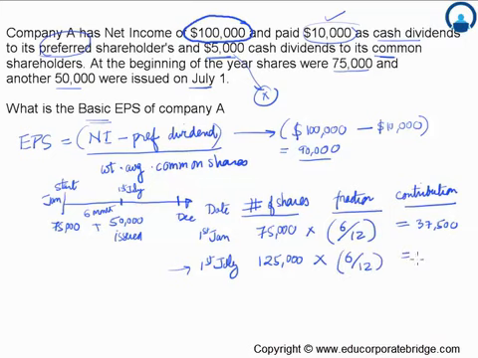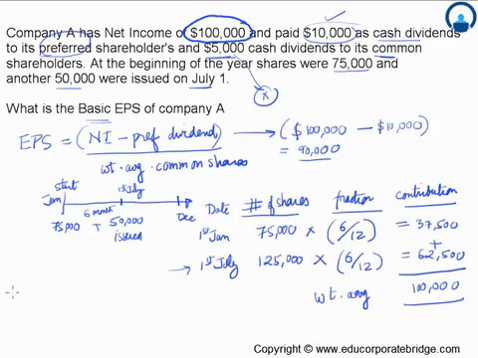So this number comes out to be 62,500. So in order to find the weighted average, we'll just add these two up. So this comes out to be 100,000 as the total number of shares outstanding. This table turns out to be pretty useful. We'll look at a couple of more cases regarding how these tables can be used.